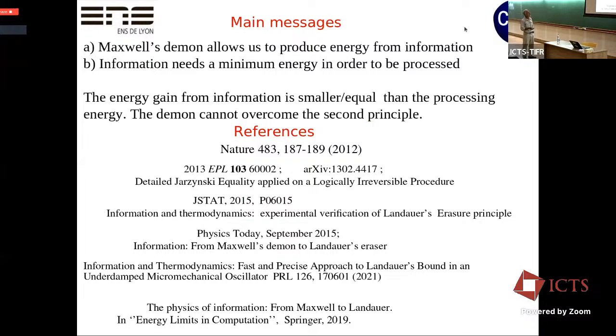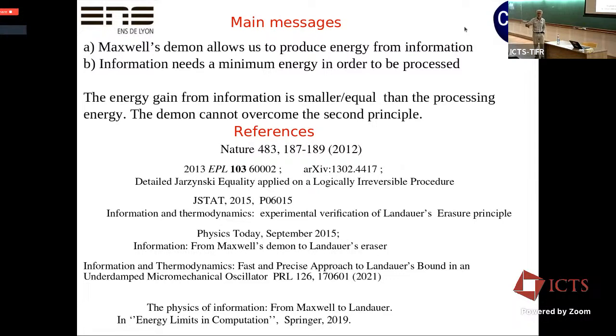So the main message of this talk is the following: the Maxwell demon allows us to produce energy from information. Information requires a minimum energy in order to be processed, because the demon is observing the system but has a finite memory.